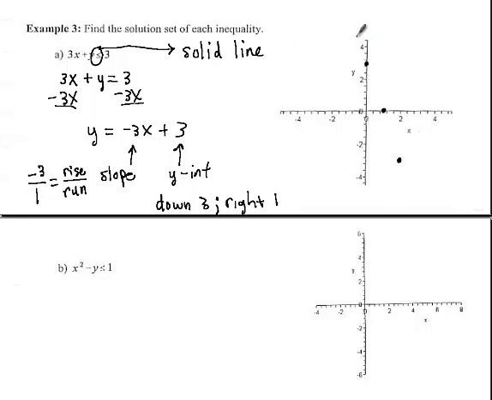So I can just connect these the way we usually do, and I try to draw this as straight as I can. Alright, so a solid line, probably do a much better job with a ruler, but there's our line, and now what we want to do is find some test points.